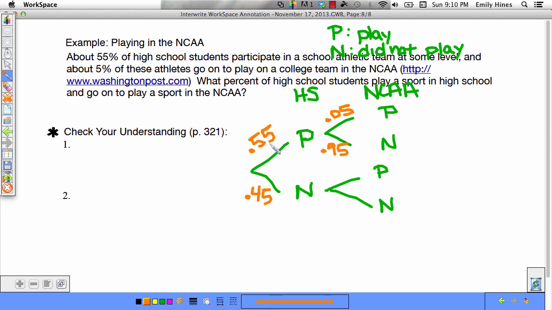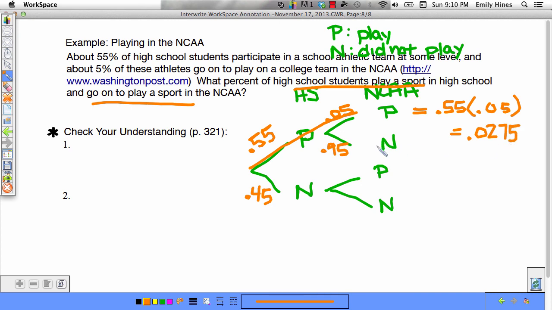So if I want to know what percent play a sport in high school and go on to play in the NCAA, that's this branch right here, which means I would say 0.55 times 0.05, and I would get about 0.0275. So only about 3% of high school athletes will play a sport in both high school and the NCAA.